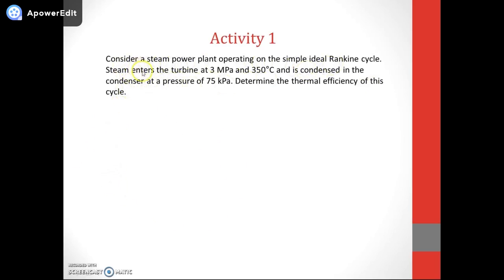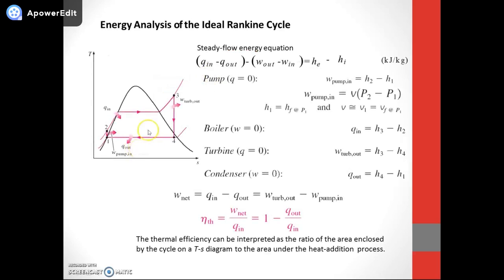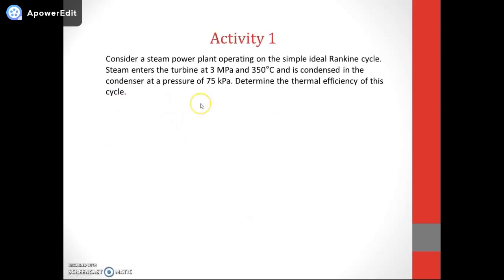Okay, so steam enters the turbine. It means steam enters at state 3, right? So P3, pressure 3, equals 3 megapascal, and temperature 3, T3, equals 350 degrees Celsius, and it is condensed in the condenser at a pressure of 75 kilopascal.